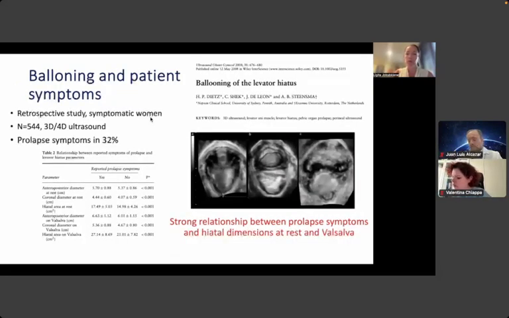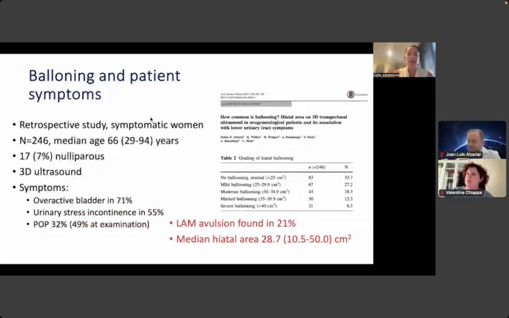Ballooning is also very important to detect because a strong relationship has been shown between pelvic organ prolapse symptoms and hiatal dimensions at rest and Valsalva.